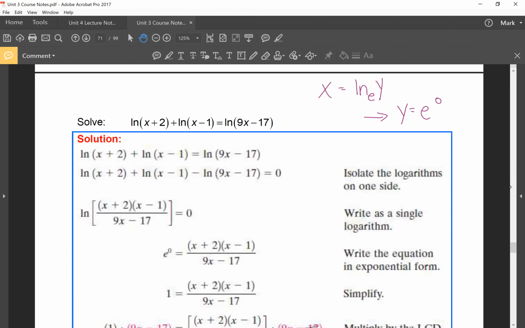We just don't write it there because the base of a natural logarithm is always e. With logs, you can have log base 3, you can have log base 10, you can have log base 67. It doesn't matter. For a natural logarithm, it's always log base e, and it's not written there because it's always there.